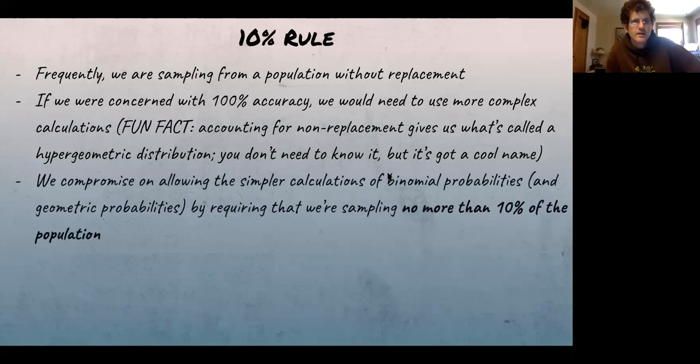Okay, so we can compromise. If we're sampling without replacement, as long as we're not sampling more than 10% of the population, we can treat it as though it was sampling with replacement. So the results that we get are not 100% accurate, but it's close enough that we can use the simpler calculations.